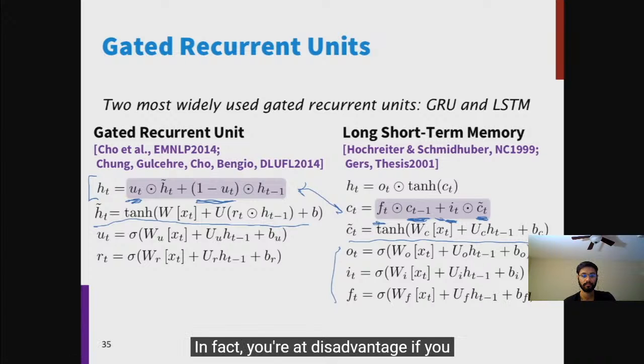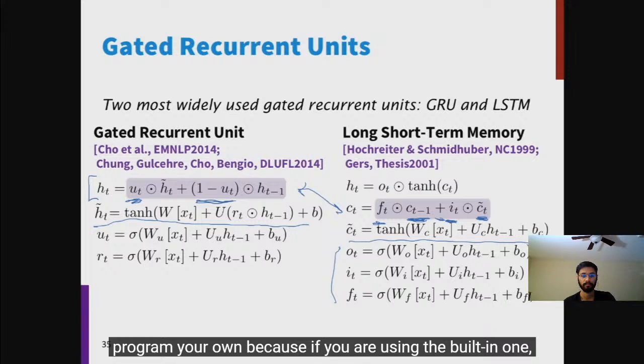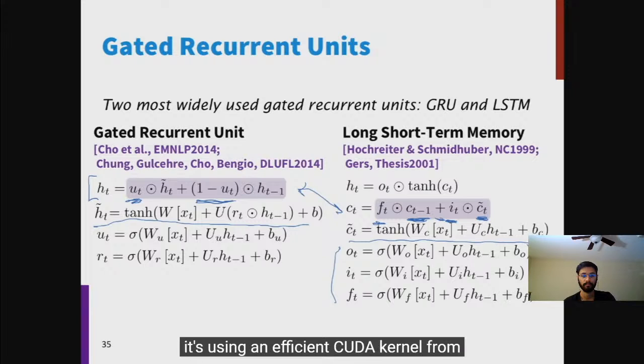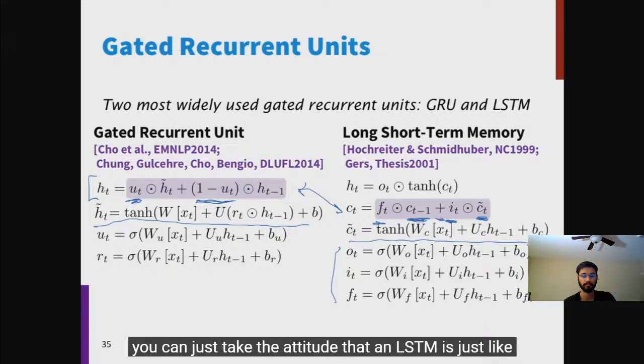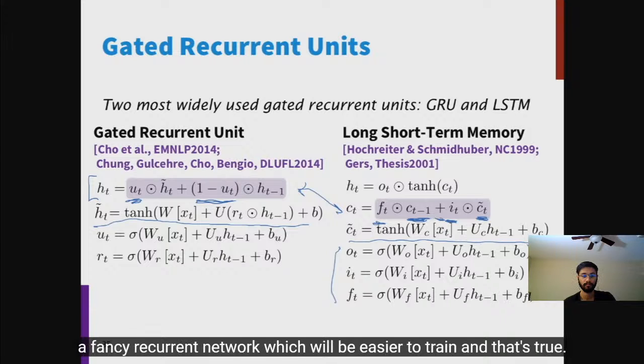In fact, you're disadvantaged if you program your own, because the built-in one uses an efficient CUDA kernel from NVIDIA, whereas your custom-built one won't, and will run 3 times slower. So in a sense, you don't have to know how to do it, and you can just take the attitude that an LSTM is like a fancy recurrent network, which will be easier to train, and that's true.